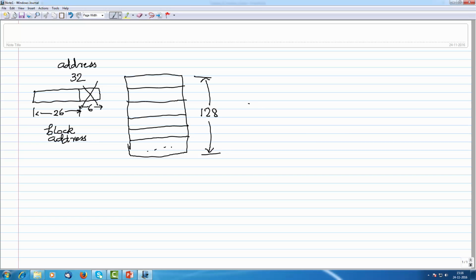So this cache can further be divided into two parts. One is a tag array, and the other is a data array.